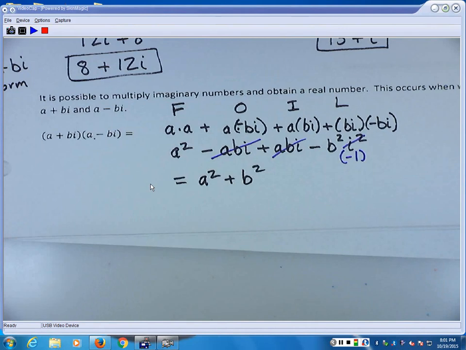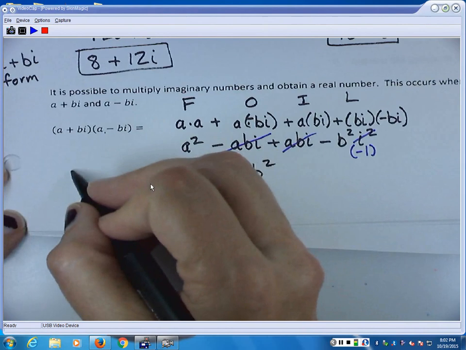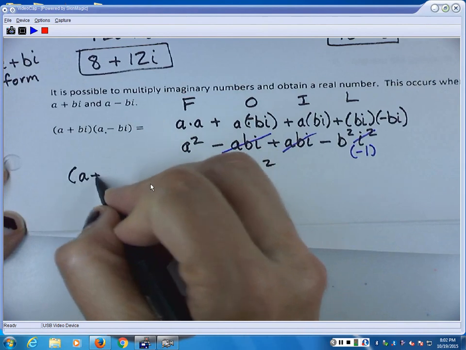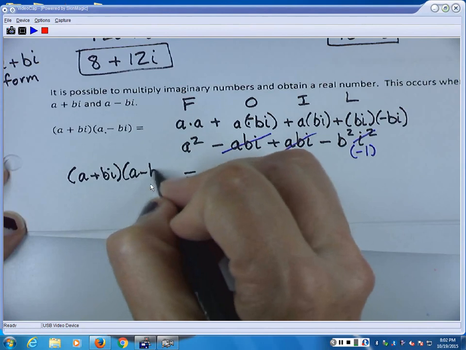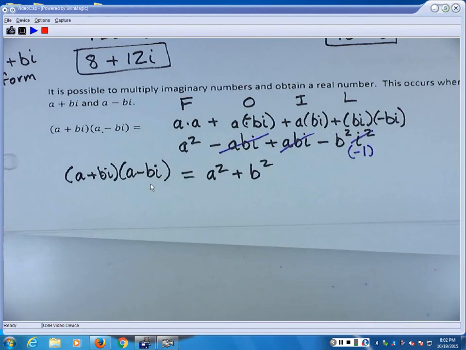Now to save you a lot of work, you should memorize this. Or you'll memorize it if you FOIL it enough, maybe. But it's easier to memorize that. That's not too bad.